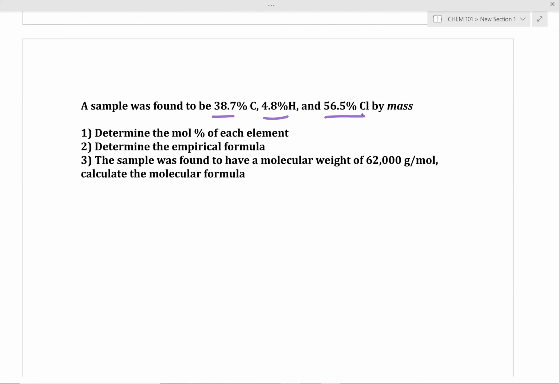So try to think a little bit on how you can calculate the mole percentage, but if you're having trouble with question 1, try tackling questions 2 and 3 first. Just because I write questions in a certain order doesn't necessarily mean they need to be solved in a certain order. So I would suggest starting with 2 and 3 and then going back to number 1 with that information.